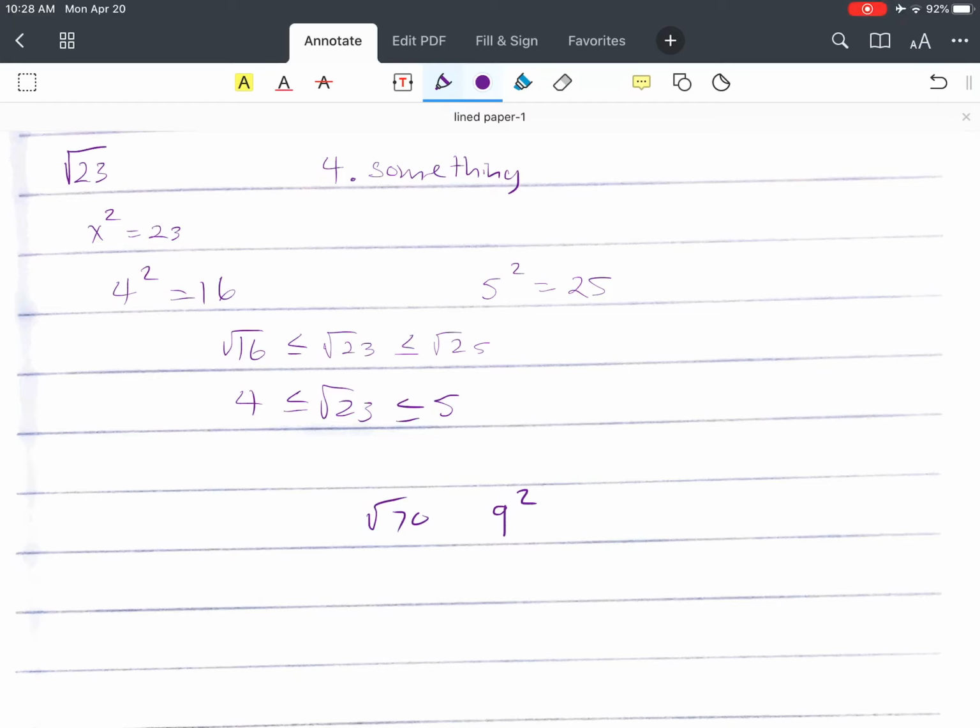It's right after 70. And what number is before 70? That's also a perfect square, 64, which is 8 squared. So the square root of 70 is going to be 8 point something, because it's bigger than 8 but less than 9.